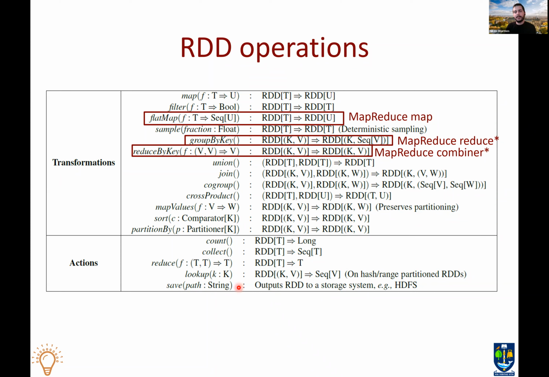Reduce, let's do this for last, takes an RDD and reduces it down to a single value. Out of the whole RDD, you get a single value. Compare this to reduce by key, where for every distinct key, you get a value.